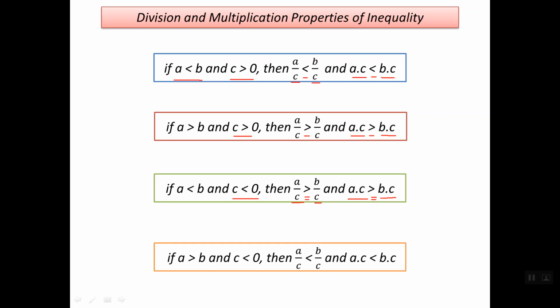Again, if A is greater than B and we have a negative value C, then A divided by C, and we should now reverse the inequality, so it becomes less than B divided by C. And for multiplication, A times C is less than B times C. So in general, if we multiply or divide an inequality by a positive number, the inequality stays the same, while if we multiply or divide by a negative value, the sign of the inequality should be reversed.